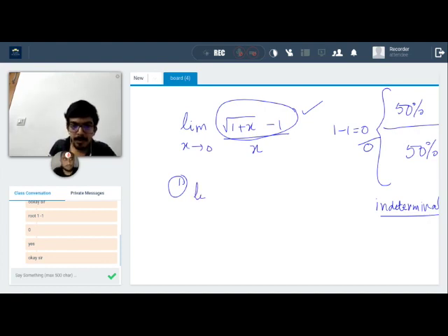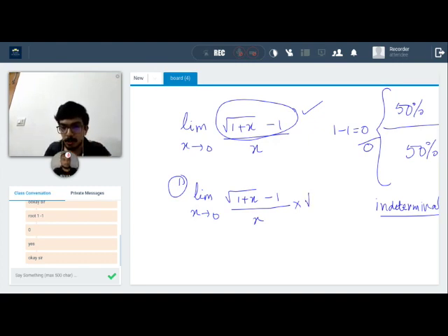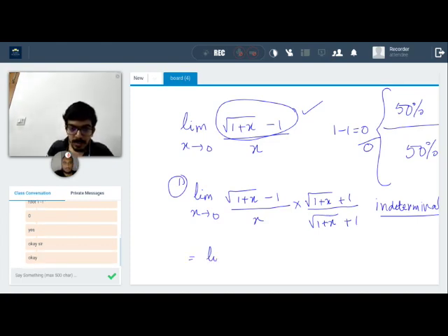So the question becomes limit x tends to 0, root over 1 plus x minus 1 by x, into, I'm going to multiply with the conjugate, root over 1 plus x plus 1 divided by root over 1 plus x plus 1. Now look at this expression. The numerator is in the form a minus b into a plus b, which is a squared minus b squared.